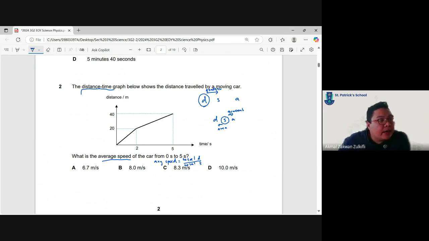I need distance, I need time. Do I need speed here? No, I don't need speed. So for average speed, always remember, we don't go and find the speed here and the speed there and then take half of it or divide by 2. No, that's not how you find average speed. Average speed is always total distance divided by total time.